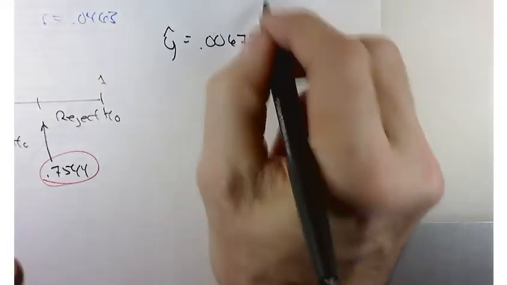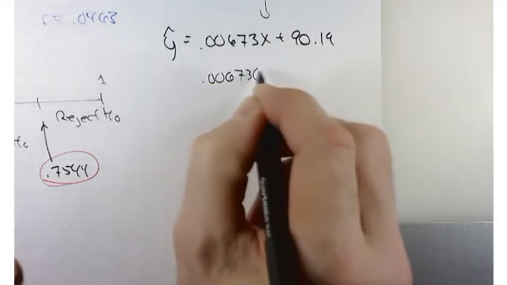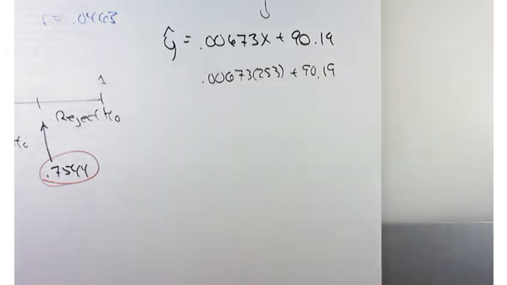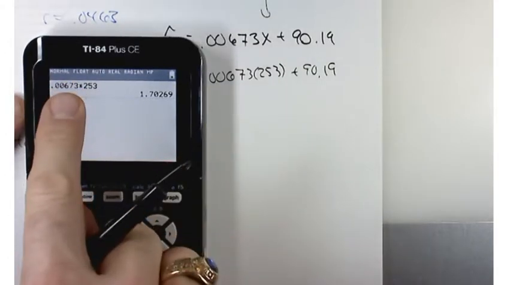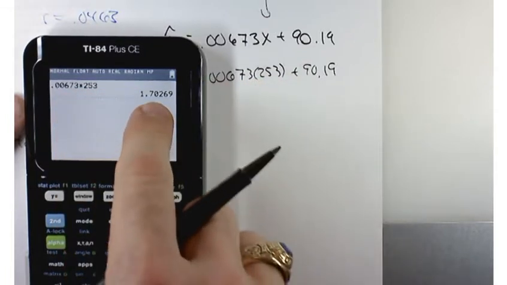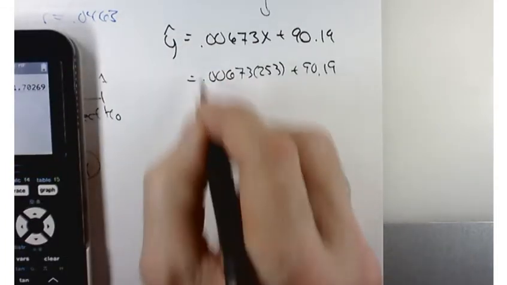If I wanted to make a prediction then for 253 seconds, that would mean plugging in a 253 here. 0.00673 times 253. And let's see how that does. Now notice that multiplying 0.00673 times 253, this part gave me 1.70. It's not really affecting the overall prediction all that much.